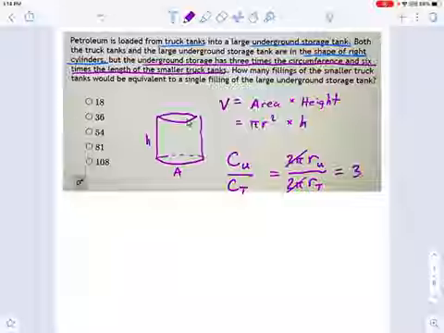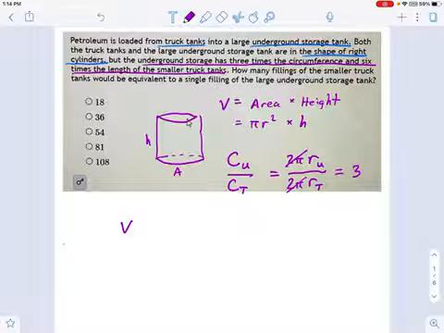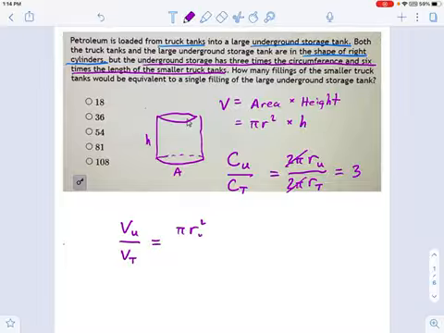So let's set up another equation right here. The volume of the underground storage compared to the volume of the truck tank is going to be equal to pi times the radius of the underground storage squared times the height of the underground storage, divided by, and now we're going to do it for trucks, pi r squared for the truck and h for the truck.